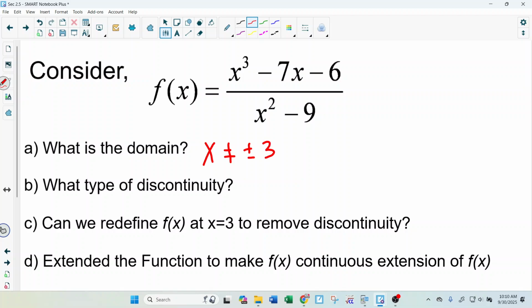Those are going to be our places where we're probably going to have a discontinuity at those two places, right? Because it's undefined there, so something's happening. So let's see what those have. First off, I want to look at this function and think about what happens here.